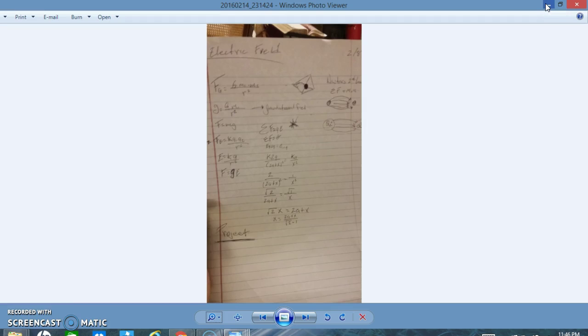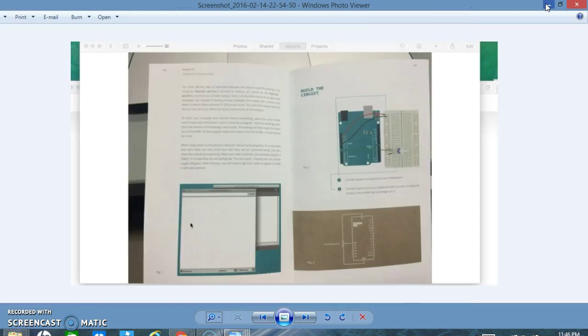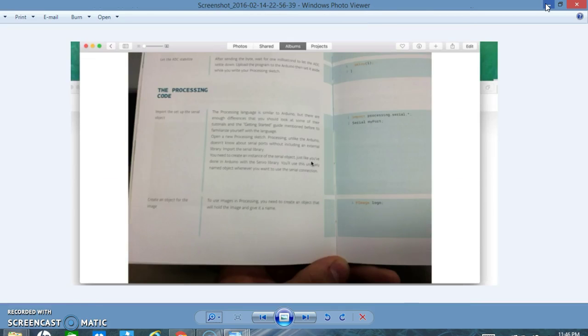Sorry, but I don't have more pictures of my project. But basically, I can explain what happened when we put the processing code into the computer and tried to run it.